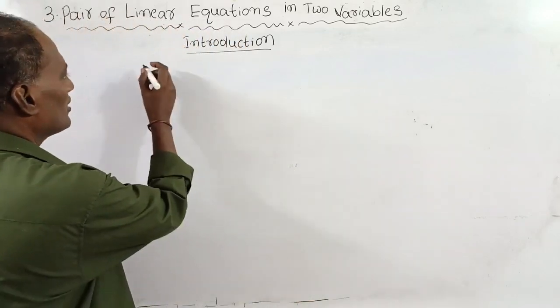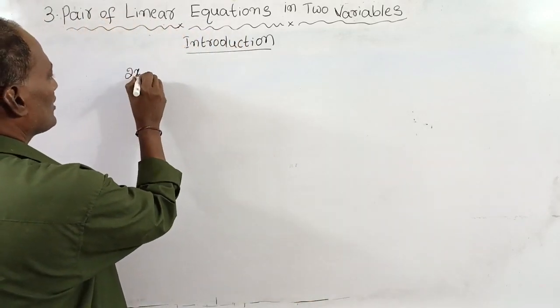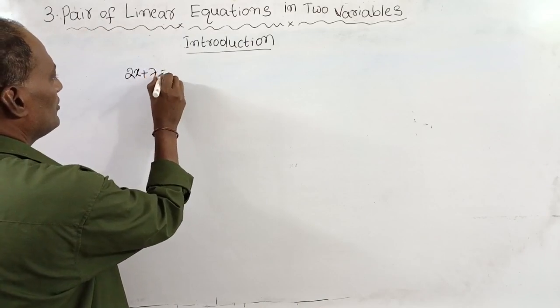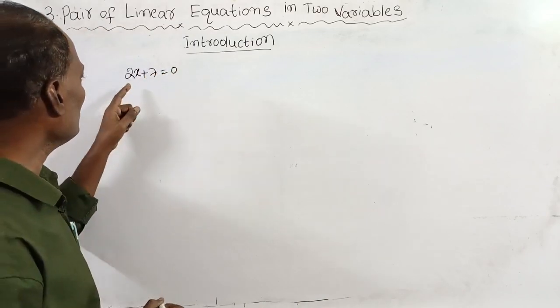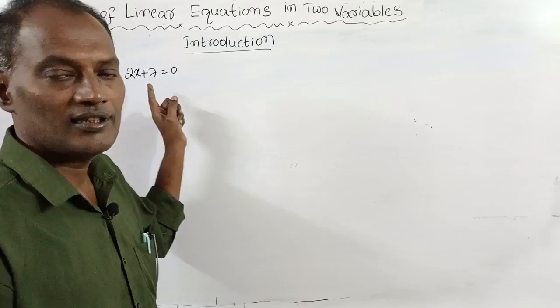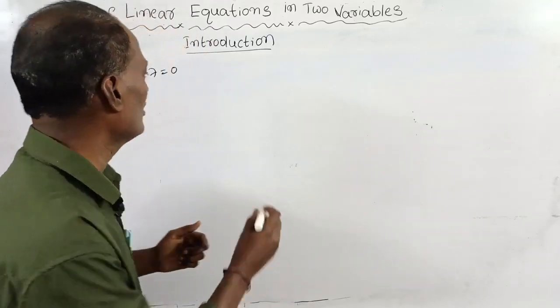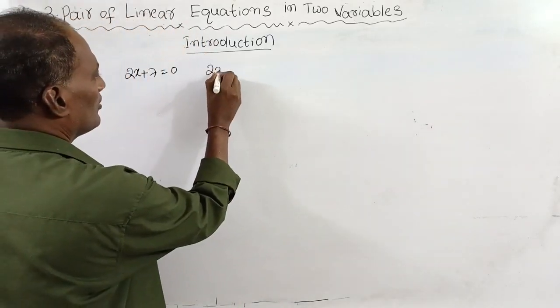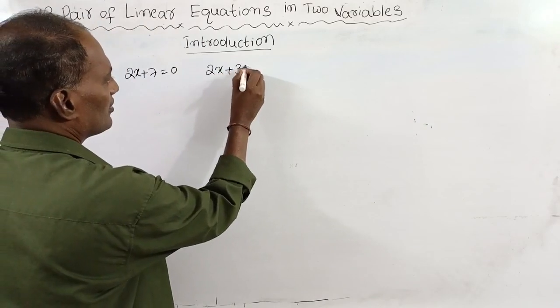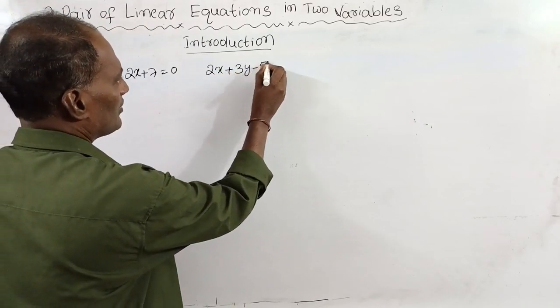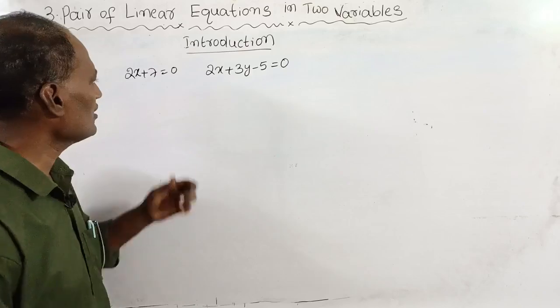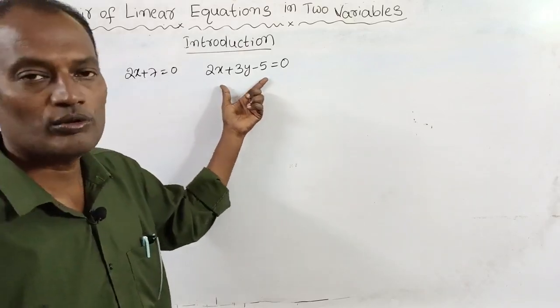In one variable we can write 2x plus 7 equal to 0. What is the variable? This x is called the variable. Now 2x plus 3y minus 5 equal to 0. This has two variables.